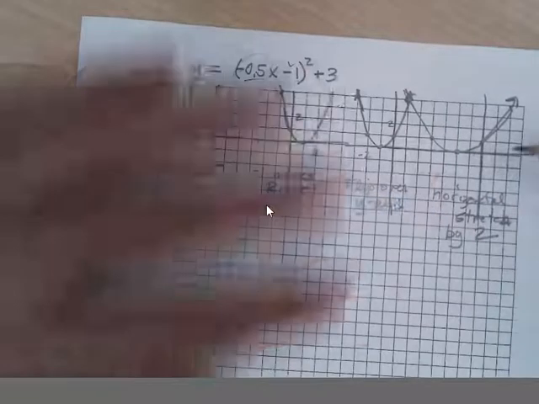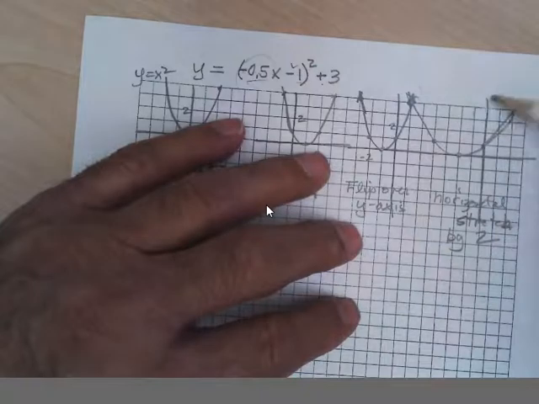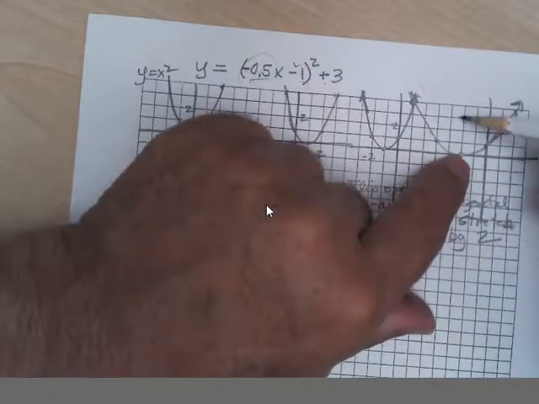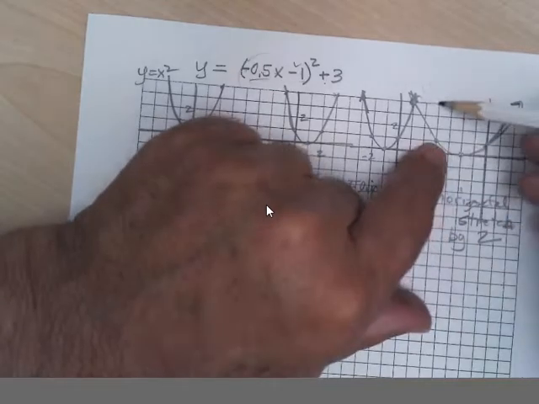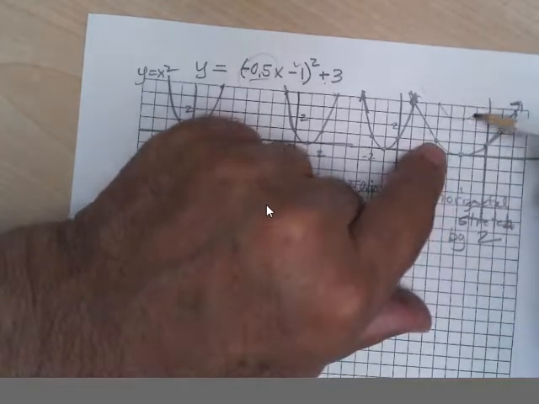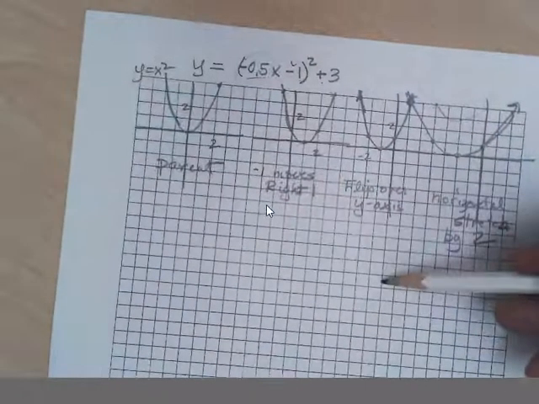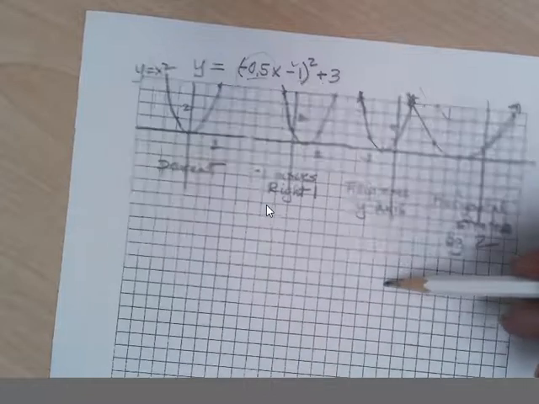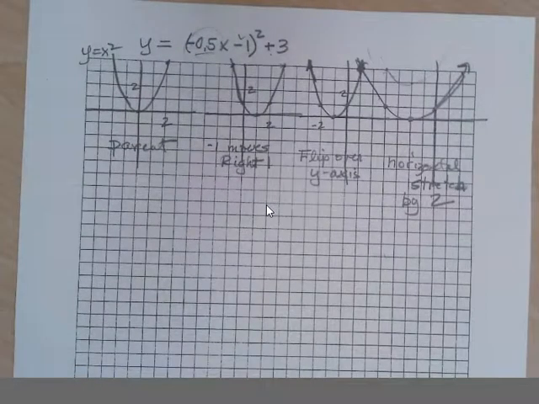And then plus 3. That would be just the whole thing moved up 3. Same shape. So it would be here, it'd be over 2 up 1, back 2 up 1, and you can kind of, I would do that on another one and say shift up 3. Okay? That's what I want you to be able to do with translations.